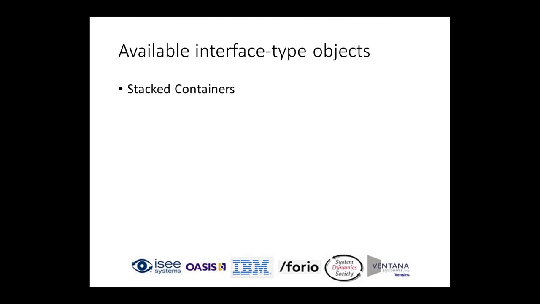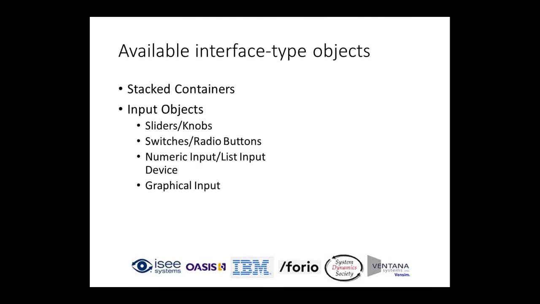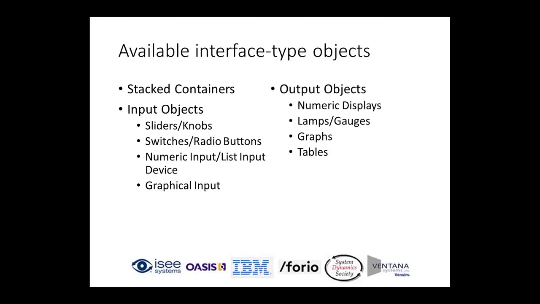We've got stack containers. We've got input objects, so inputting data into the simulation, changing parameters. You can do that using a slider or a knob, switches or radio buttons, numeric inputs, list inputs, or graphical inputs. On the output side, this is how we show data to our model users.